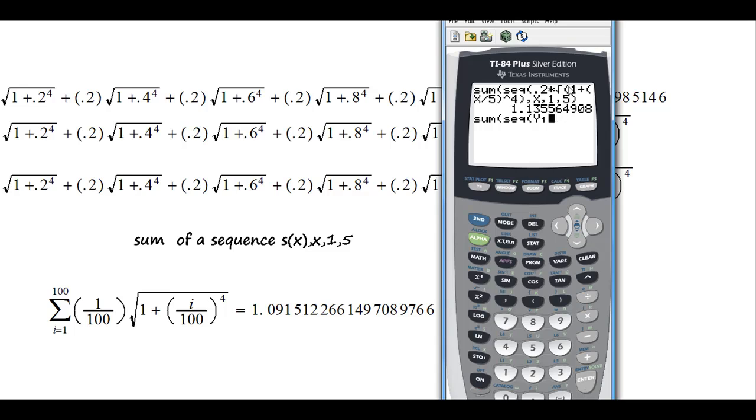You could have entered it directly, but there would be too much entering here if you did that. So we have x, then 1, and we are going through 100. Let's see what we're going to get. Okay, yes, and it stopped right here. Good. So that's how you can use the calculator to obtain these values.